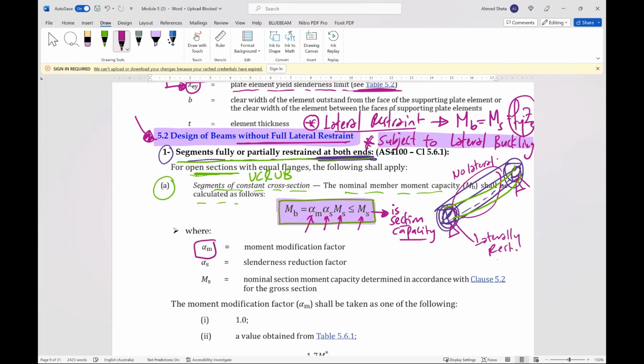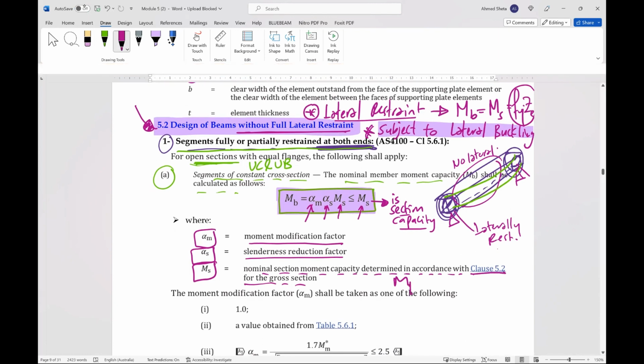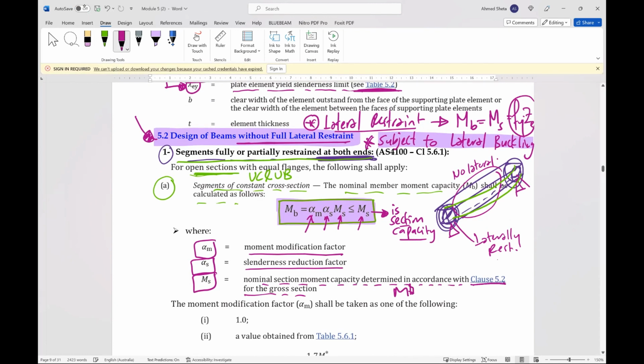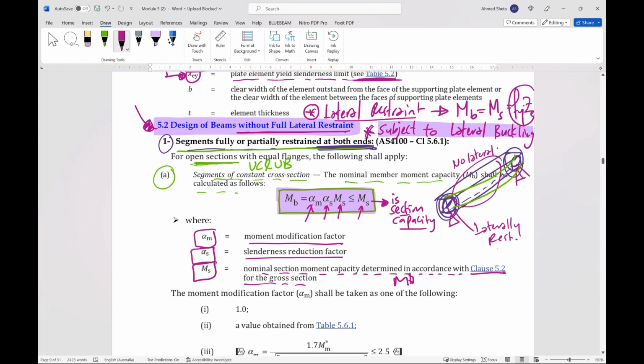So alpha M is a moment modification factor. Alpha S is the slenderness reduction factor. MS is the nominal section capacity determined in accordance with clause 5.2 for the gross section, which is MS equal to F yield times Z effective.